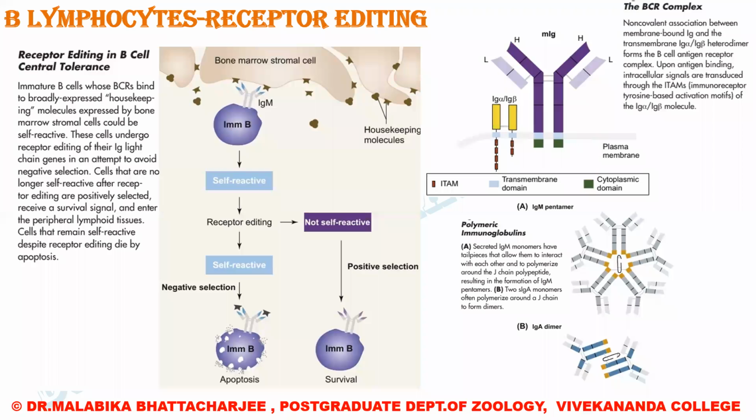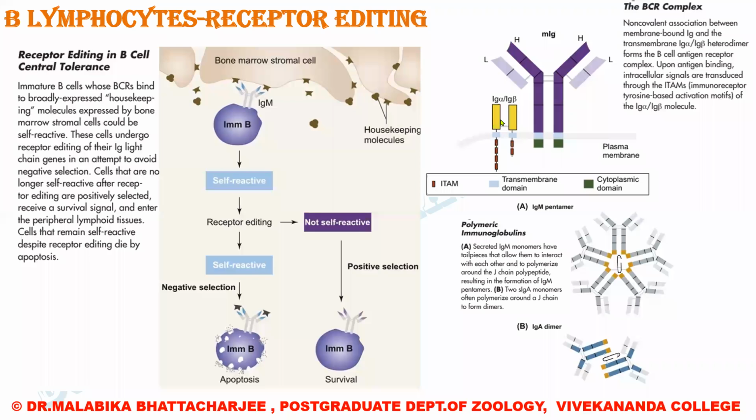As a result, the previously rearranged V kappa and J kappa exon in the self-reactive immature B cell is deleted, and a new immunoglobulin light chain is expressed, thus creating a B cell receptor with a new specificity. This process is called receptor editing and is an important mechanism for eliminating self-reactivity from the mature B cell repertoire.